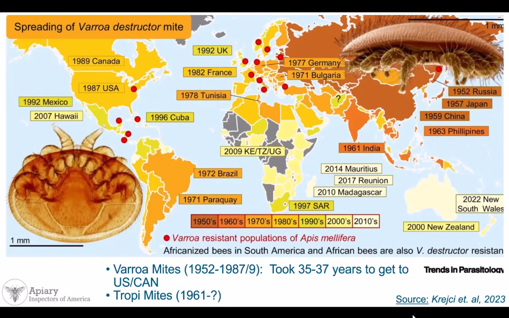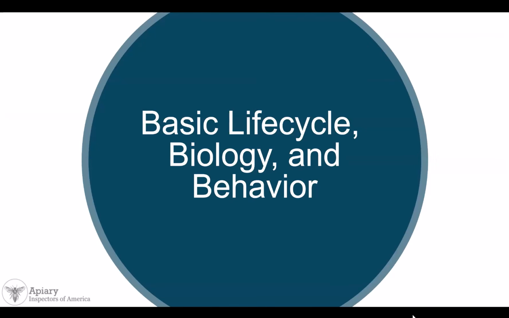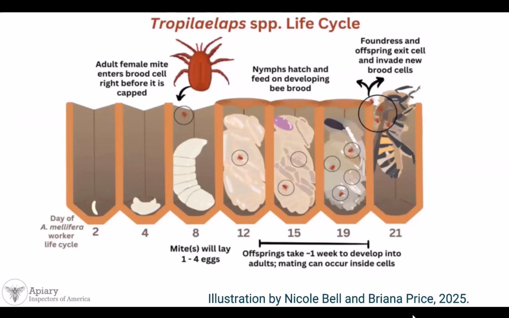So let's learn a bit about its basic life cycle, its biology, and its behavior. This is the Tropilaelaps mite and how its life cycle goes. As you can see in here, the adult female mite enters the brood cell right before it's capped. She lays an egg.